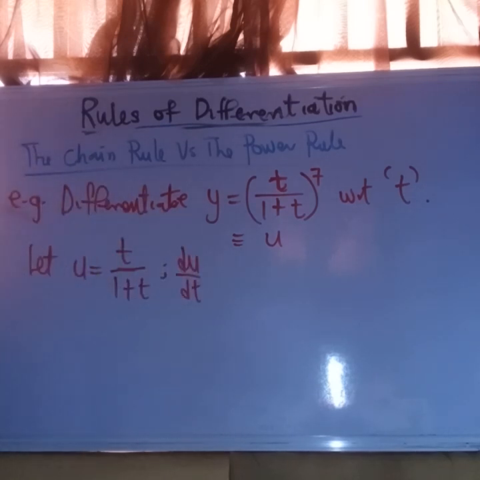To get u prime, we'll apply what we call the quotient rule. In our last video, we discussed that extensively.